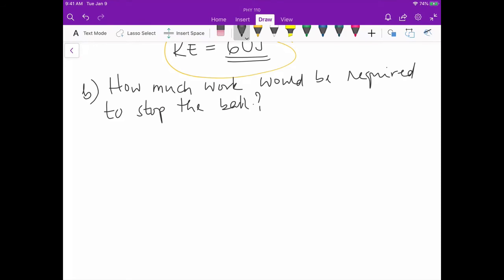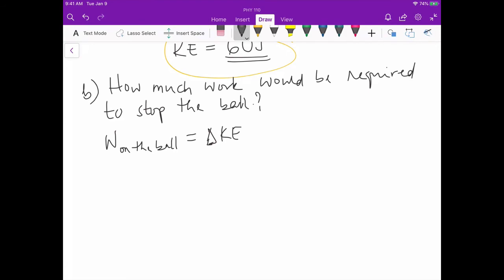That means you need to find the work done on the ball. So you can literally consider that work done on the ball as the change in kinetic energy.